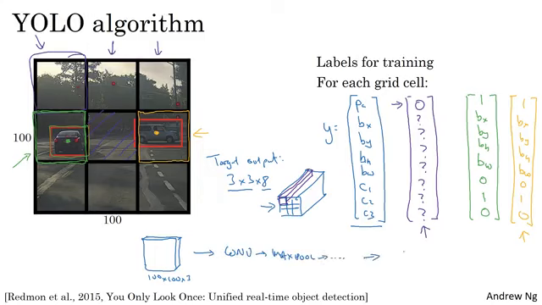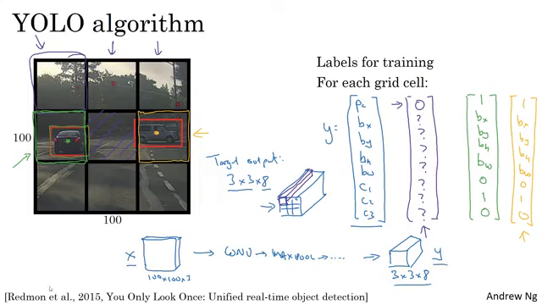So you should choose the conv layers and the max pool layers and so on, so that this eventually maps to a 3 by 3 by 8 output volume. And so what you do is you have an input X, which is the input image, and you have these target labels Y, which are 3 by 3 by 8, and you use backpropagation to train the neural network to map from any input X to this type of output volume Y.